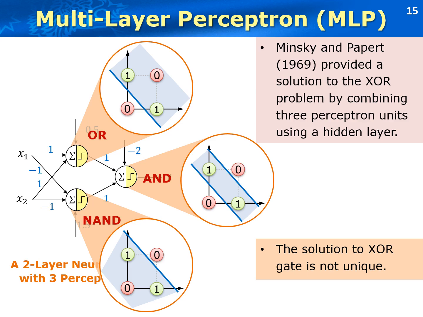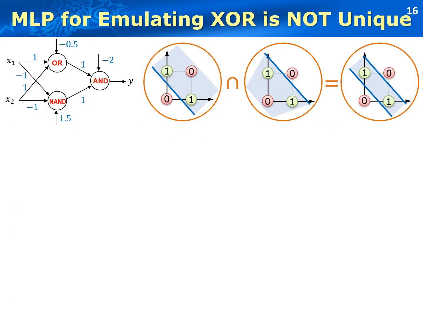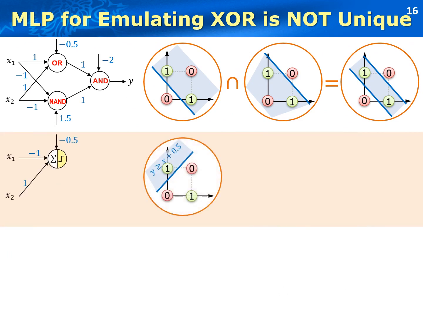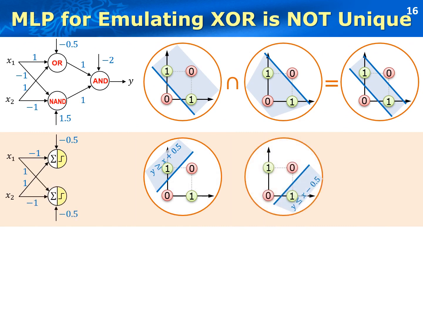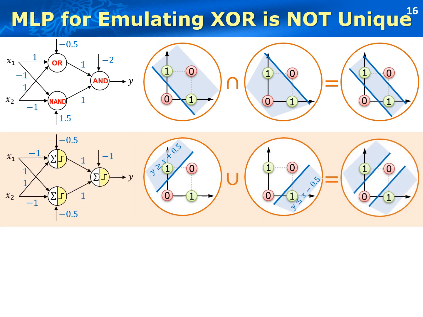For example, if the first unit represents an upper left half space, and the second unit denotes a lower right half space, then their union makes the blue region, which can separate green points from red ones. Therefore, in this situation, the third unit is the OR gate, corresponding to the union operator.